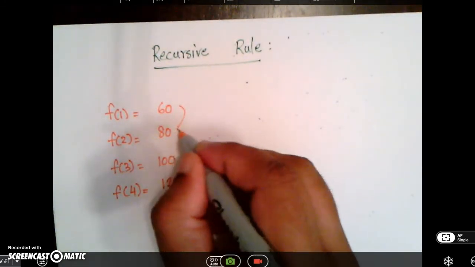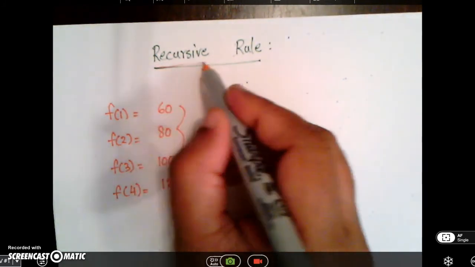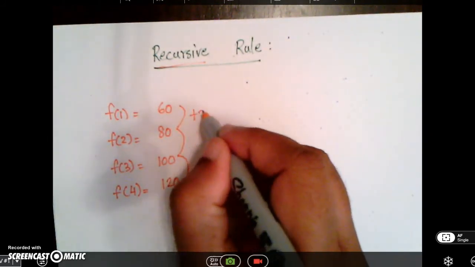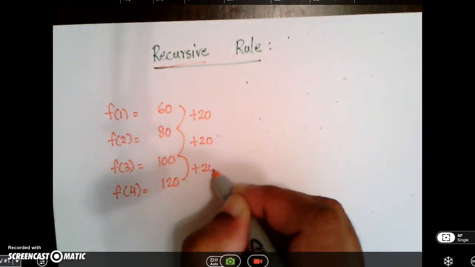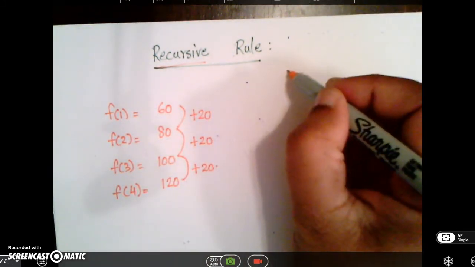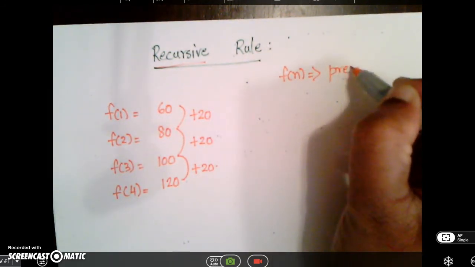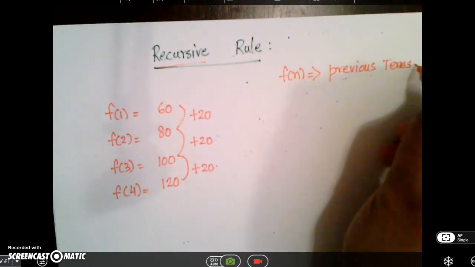So if I look at it, what is the thing that I'm doing repeatedly? Recursive means repeatedly. So what am I doing repeatedly? I'm repeatedly adding a 20. So the recursive rule relates your f of n to one or more of your previous terms, right? One or more of your previous terms.